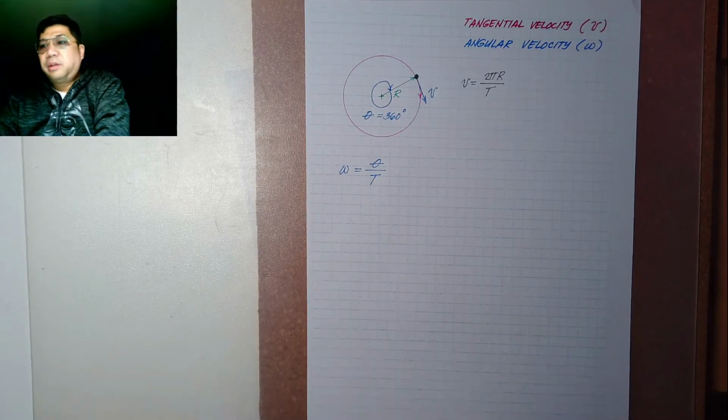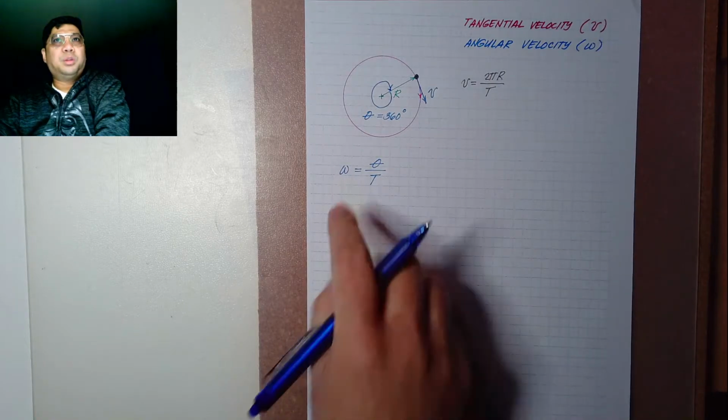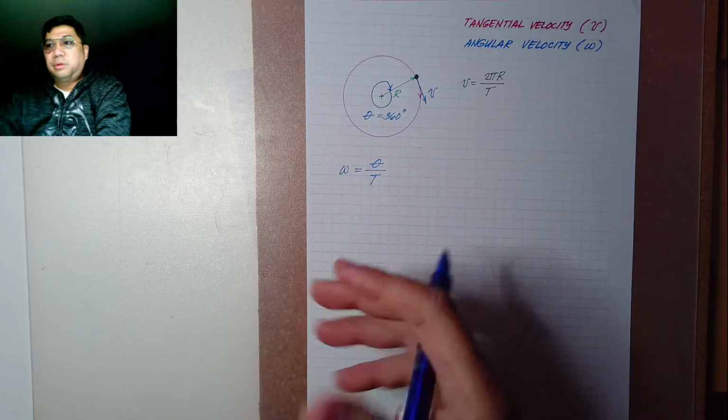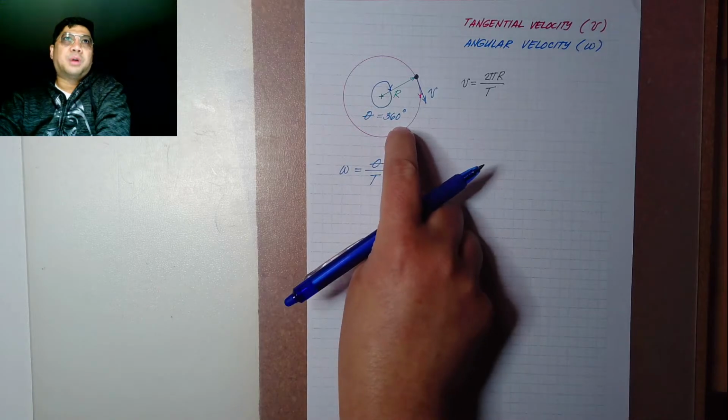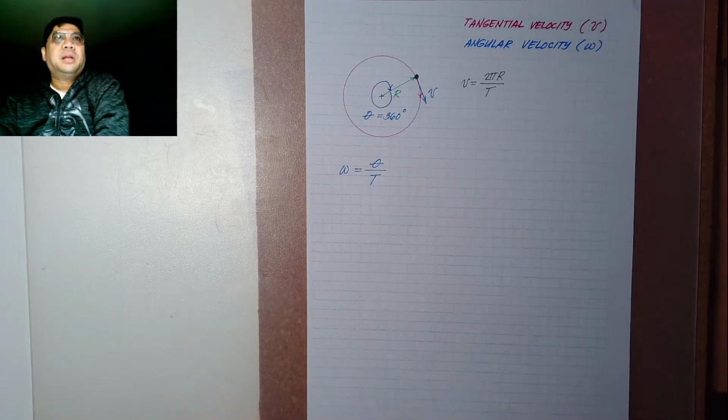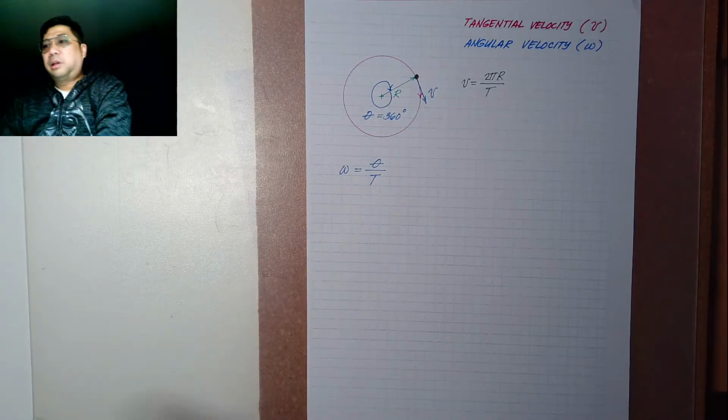However, in angular velocity, we don't use degrees, even though degrees is one of those common units that we use in everyday life or in mathematical calculation, as we use it in calculators.